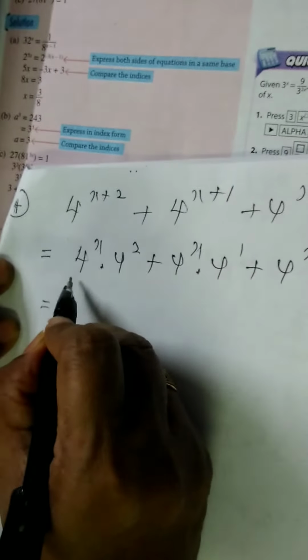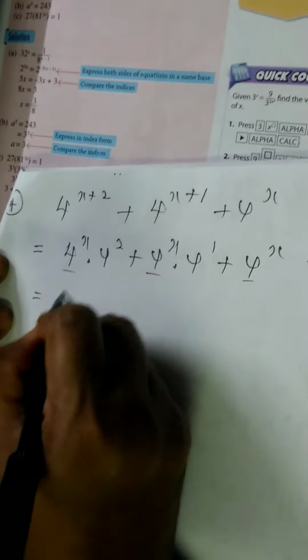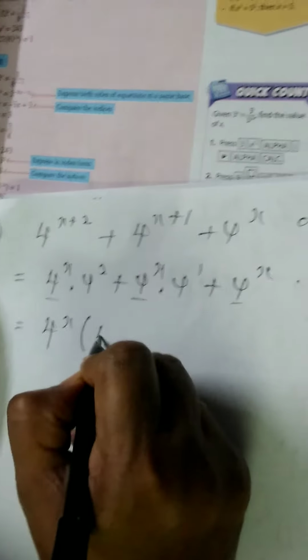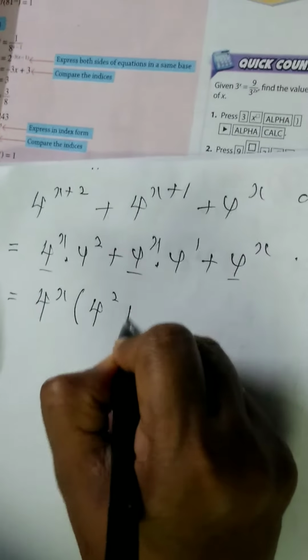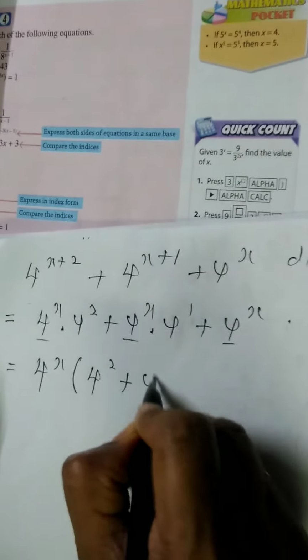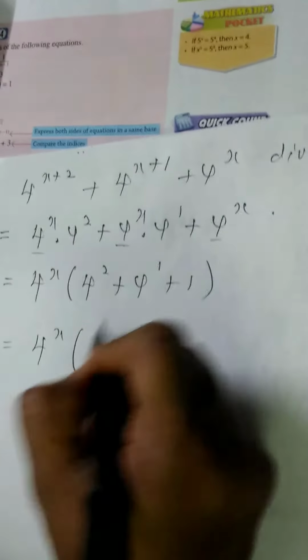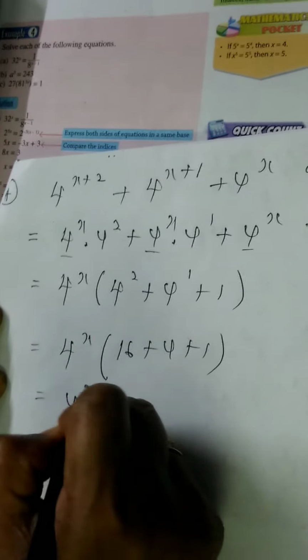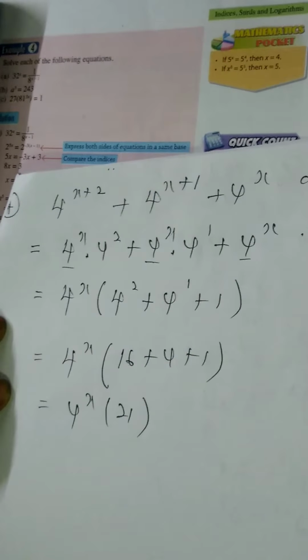So now you see all the 4 to the power of x, I'll factorize it. So this is 4 to the power of 2. This is 4 to the power of 1, plus 1. So what you'll actually get is 16 plus 4 plus 1, which gives you 21.